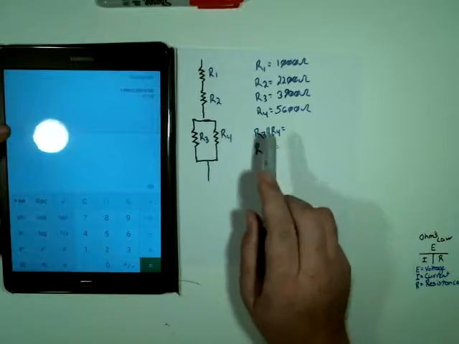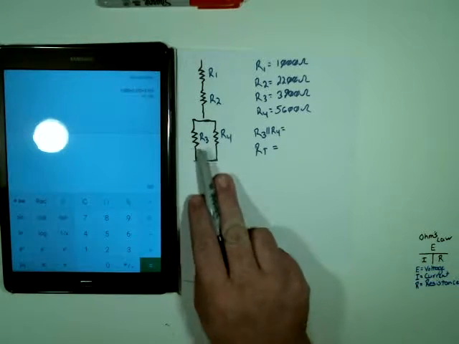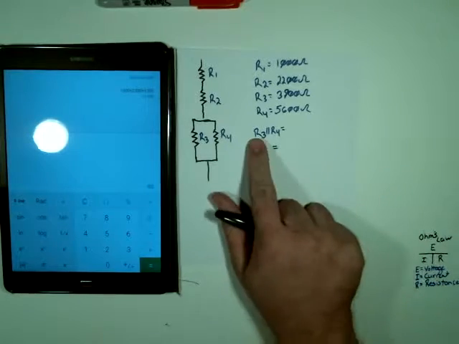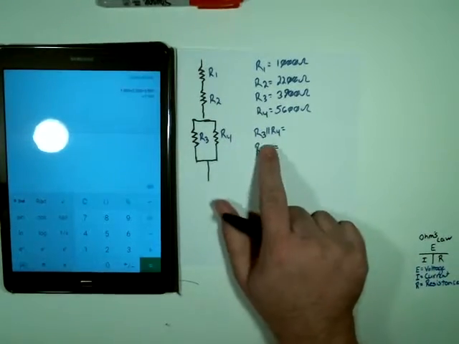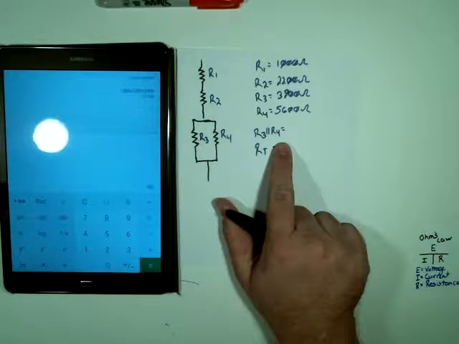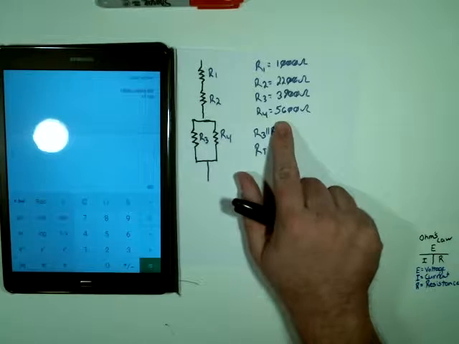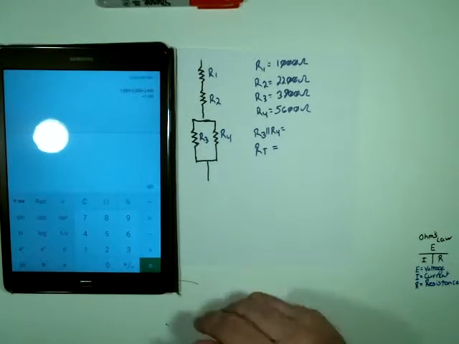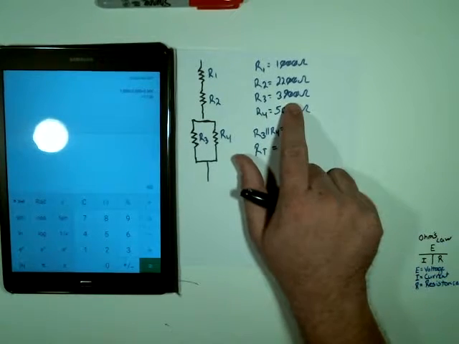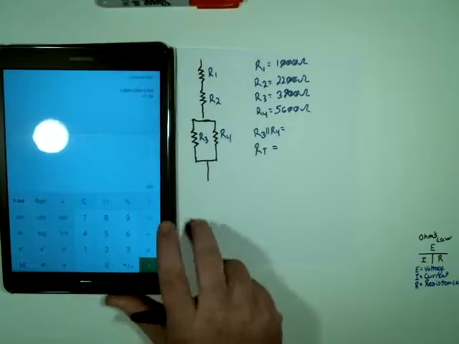So first we want to find the total resistance between these two, and this is the proper notation. So R3 in parallel with R4. So R3 is 3900 and R4 is 5600. And remember, we can also annotate this with kiloohms, so 3.9 kiloohms and 5.6 kiloohms.